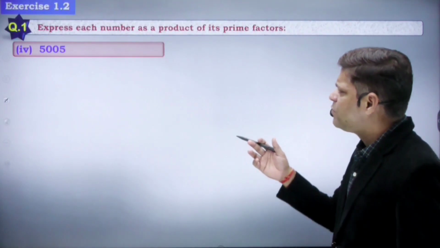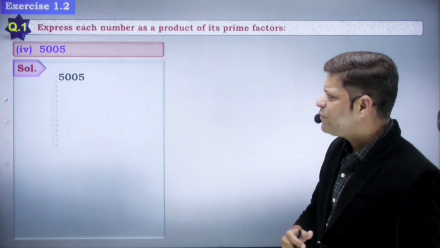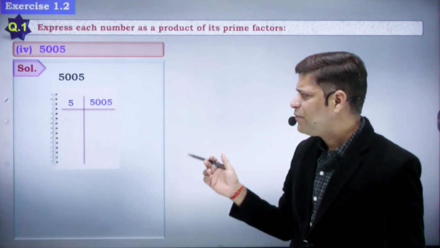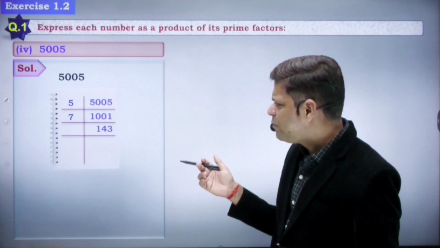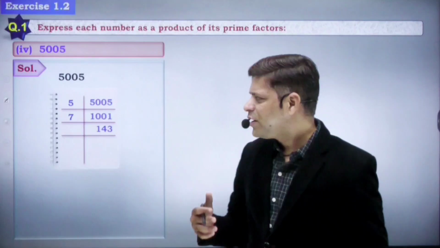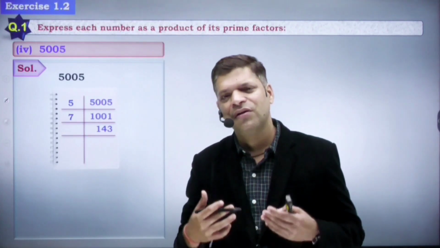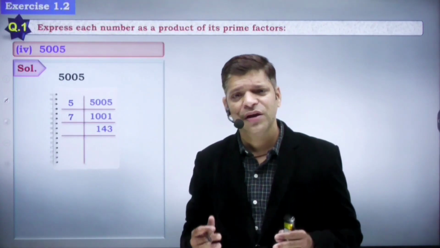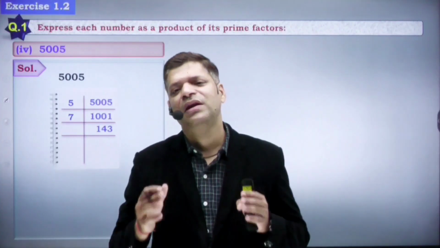So again the next question, the fourth part, is 5005. So when we divide it by 5, then it will be 1001. It will be again divided by 7. How do we recognize whether the number will be divided by 5 or 7 or 9, etc.? Okay, so you should know the divisibility concept of the numbers.